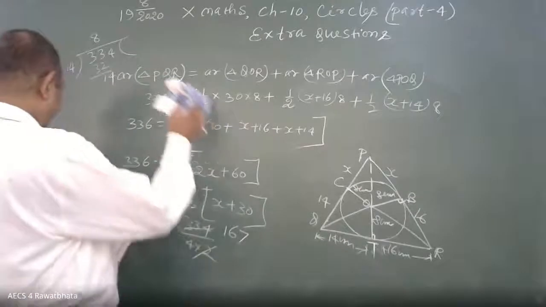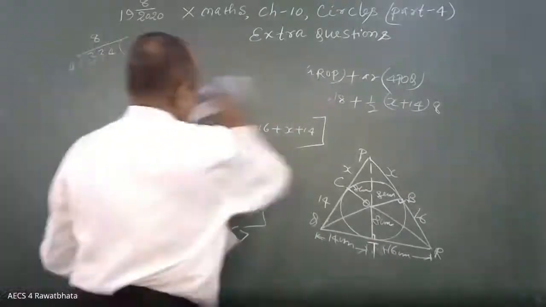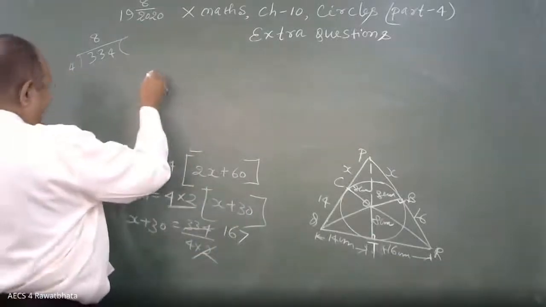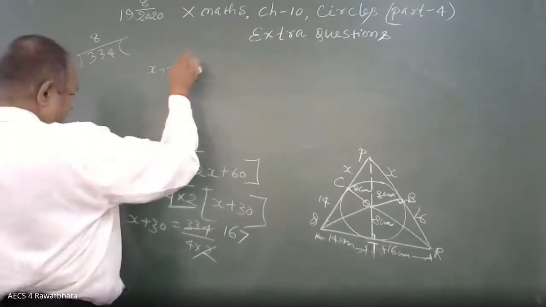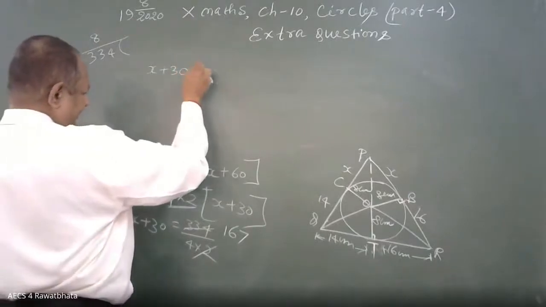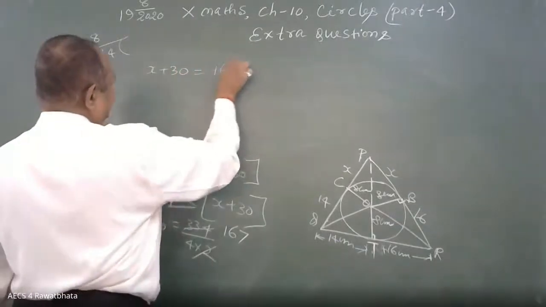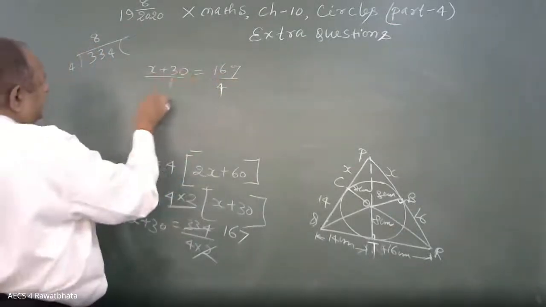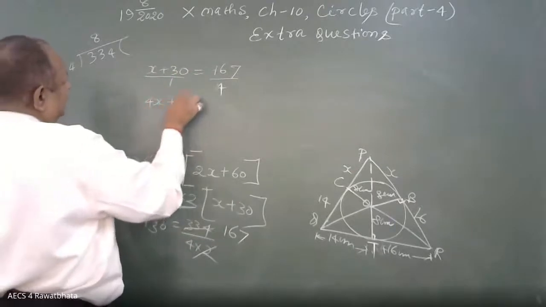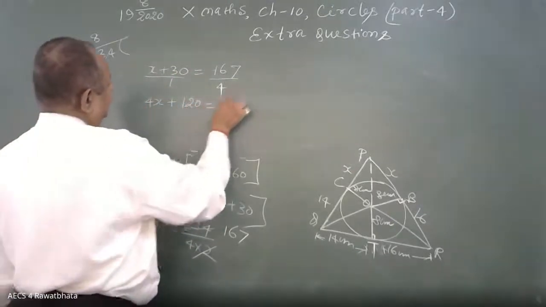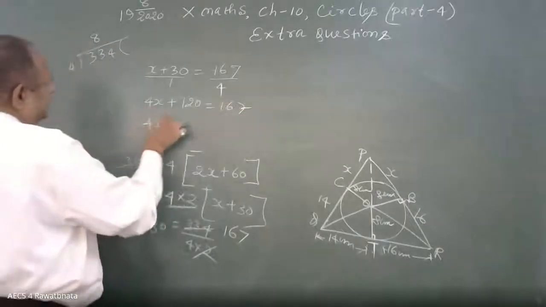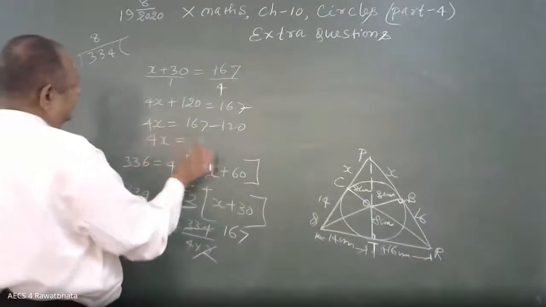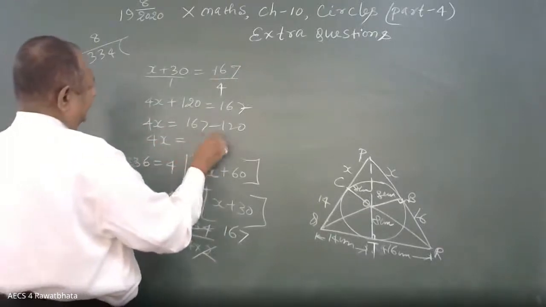Now you can find the value of x. So x plus 30 is equal to 167 by 4. By cross multiplication, 4x plus 120 equals 167. So 4x is 167 minus 120, that is 4x is equal to 47.